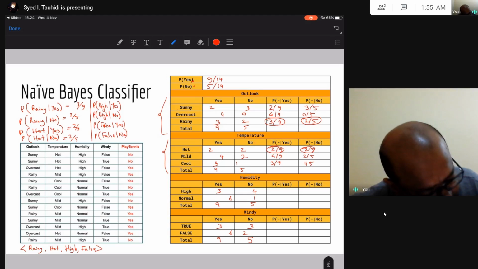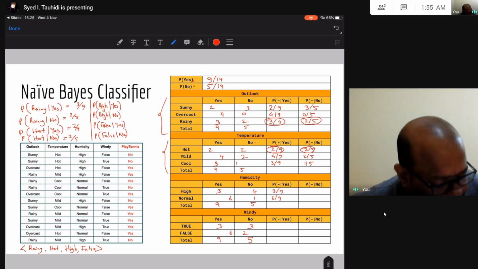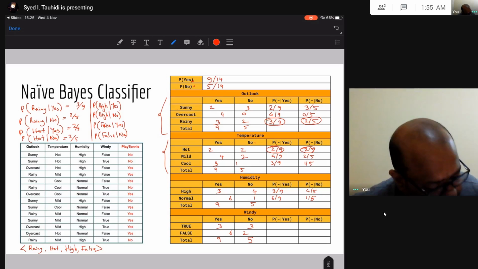probability of normal given yes is 6 by 9, probability of humidity being high given a person did not play tennis is 4 by 5, probability humidity is normal given person did not play tennis is 1 by 5. Alright, then let's work with windy. Probability that it was windy given that the person has played tennis is 3 by 9.